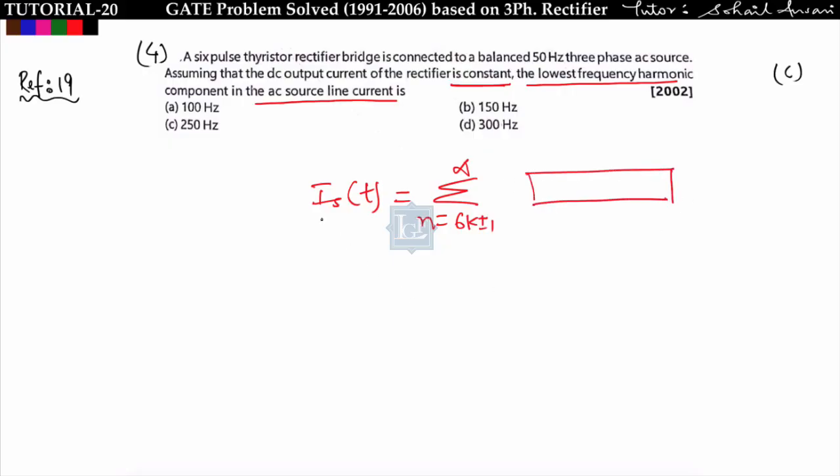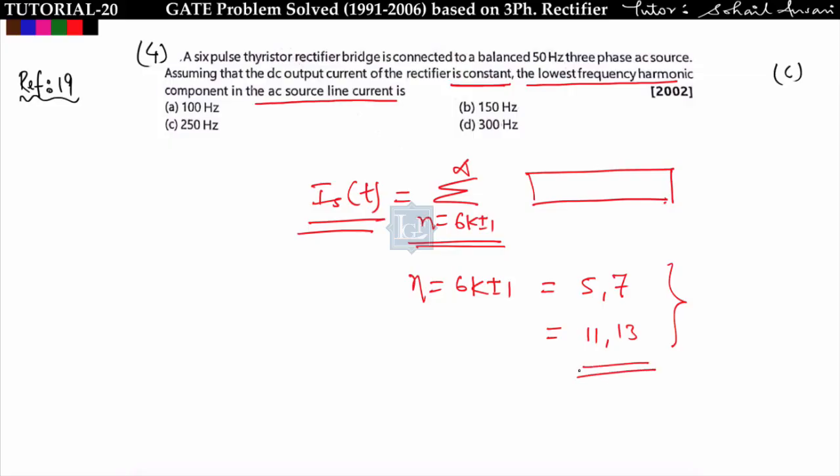So in the source current, you can see that there is absence of triplen harmonics. So n is equal to 6k plus minus 1. Now put k equal to 1, you will get 6 plus 1, that is 7, and 6 minus 1, that is 5, so 5 and 7. For k equal to 2, you will get 12 plus 1 is 13 and 12 minus 1 is 11.